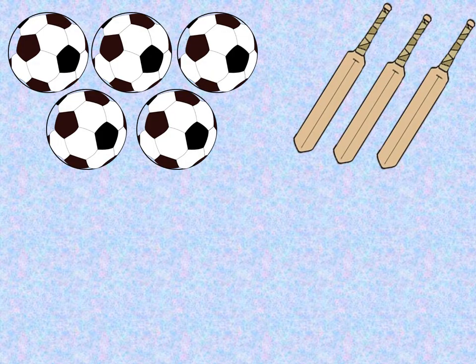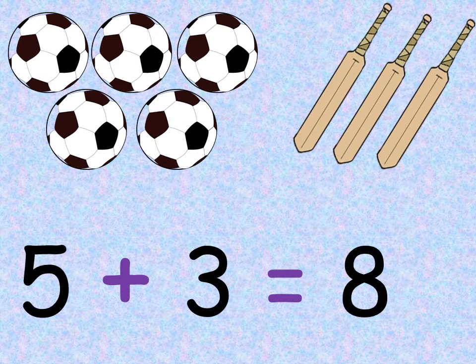How many balls and bats are there? There are 5 balls and 3 bats. So we can tell 5 plus 3 is equal to 8.